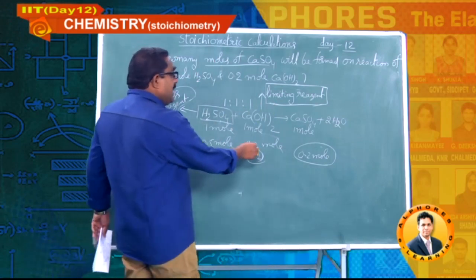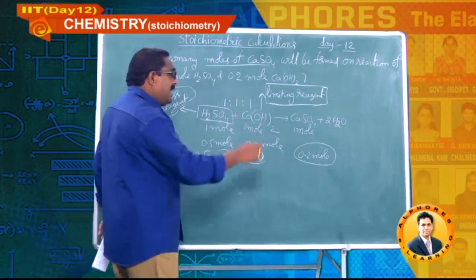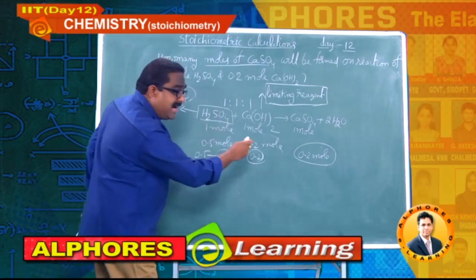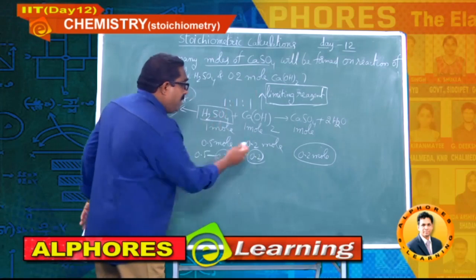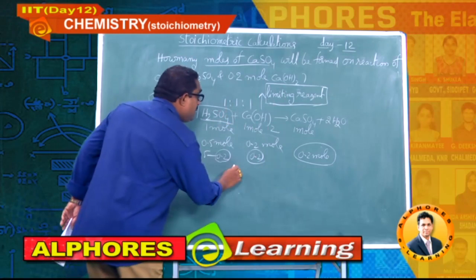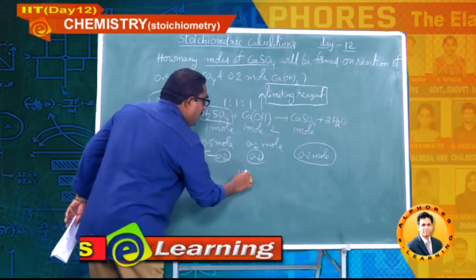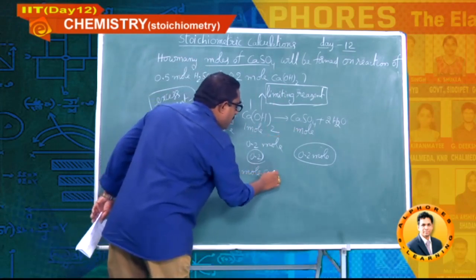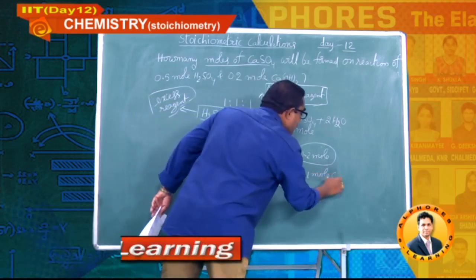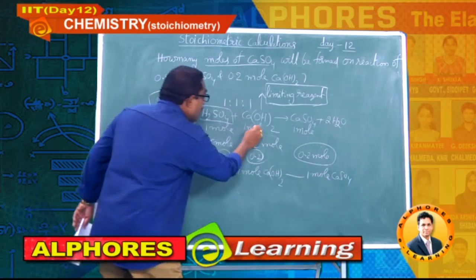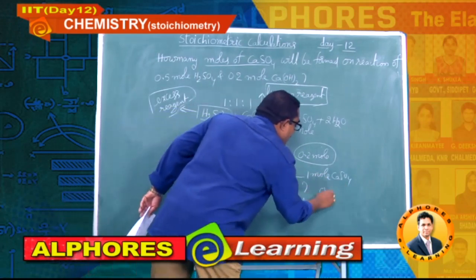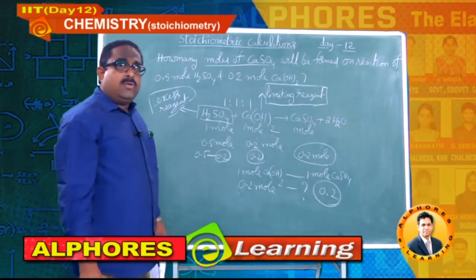Here I have decided calcium hydroxide as the limiting reagent. See, I am writing how I am going to decide the amount of product based on the amount of limiting reagent. Please concentrate. Simply I can write from the stoichiometry: 1 mole calcium hydroxide produces 1 mole calcium sulfate. This time you are given only 0.2 mole of calcium hydroxide. How much? Your answer will be 0.2.